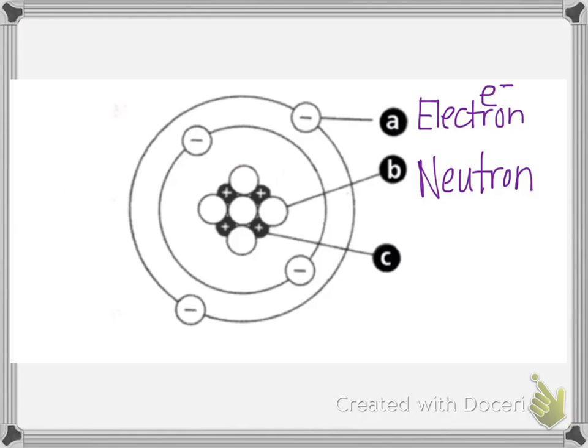It is neutral, and this is your neutron. I wrote underneath it, and I want you to write neutral as well. Then we also have down here in the nucleus the positive charged particle called the proton. This is the front side of your fun sheet that covers atoms.